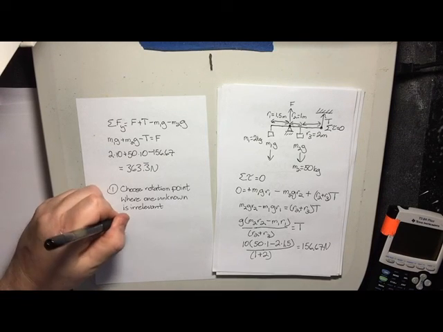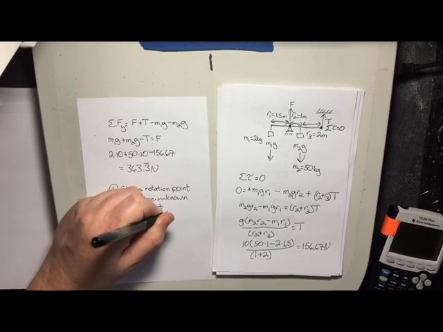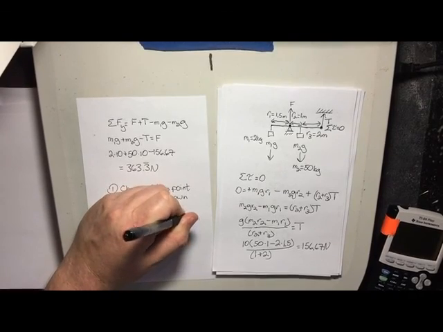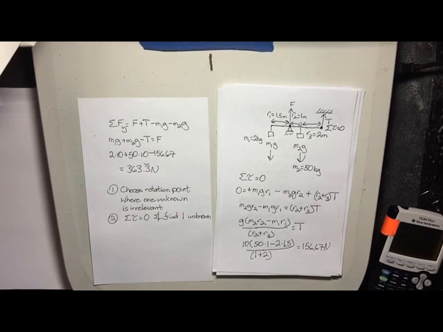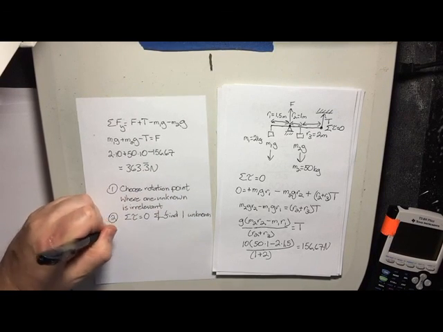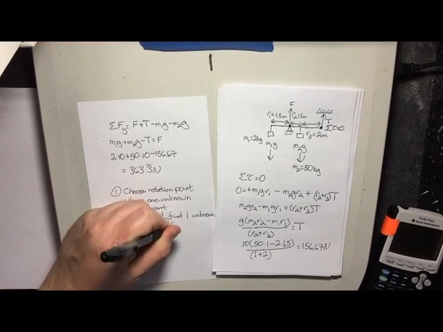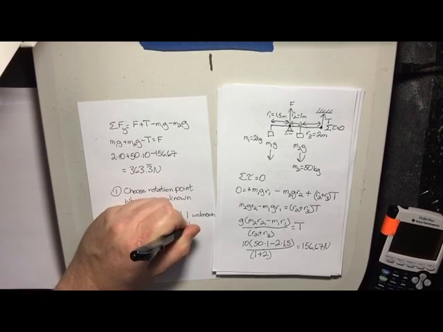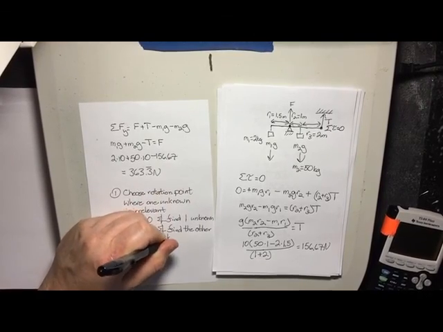But typically, the procedure that I usually do is you choose one point that makes the other force irrelevant, you sum the torques equal to 0 and find one unknown, and then you sum the vertical forces equal to 0 and find the other unknown. I'll be with you in a second.